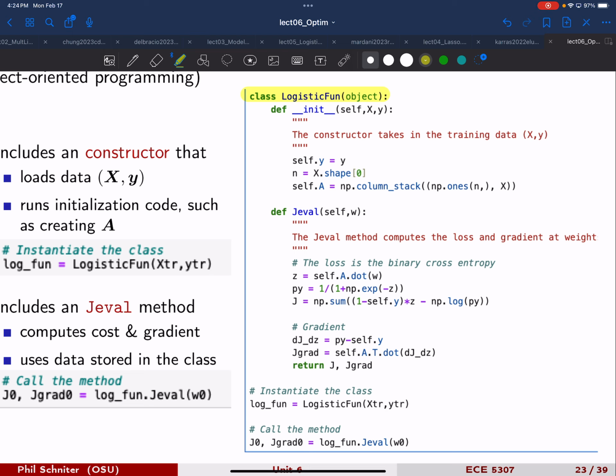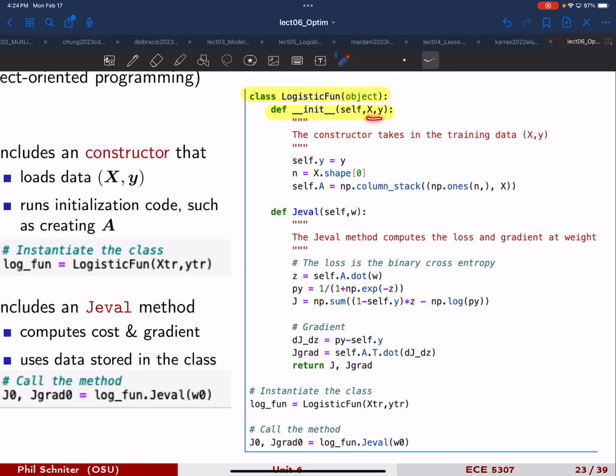You've been working with these classes, like every time you use scikit-learn's linear regression, that is a class, an object where you instantiate the object. When you instantiate it, it does a bunch of initialization. The initialization is done in this first function here. It always has this syntax. This is the initialization function, so when you instantiate the class, it runs this piece of code.